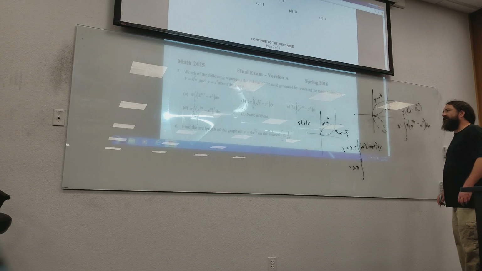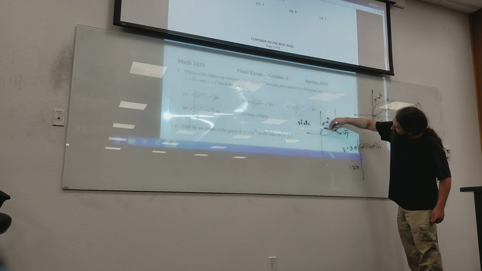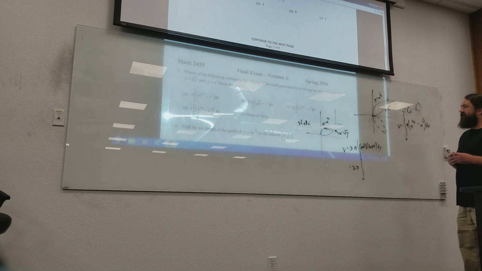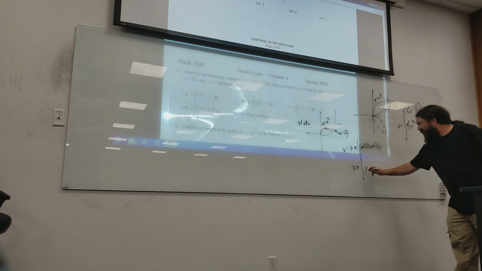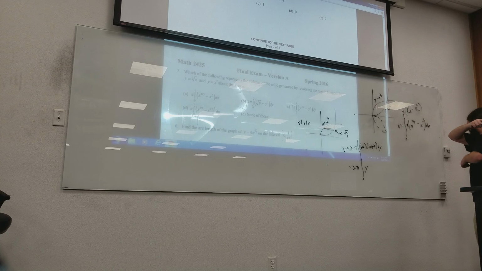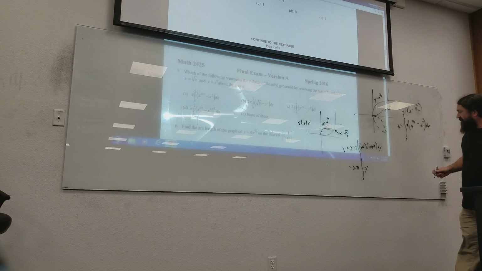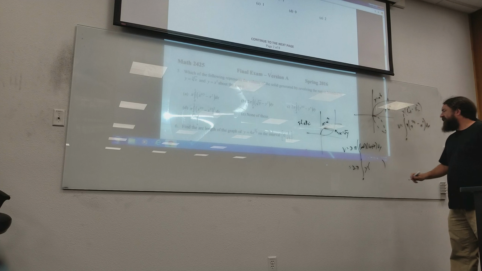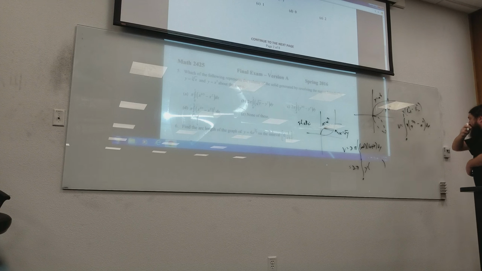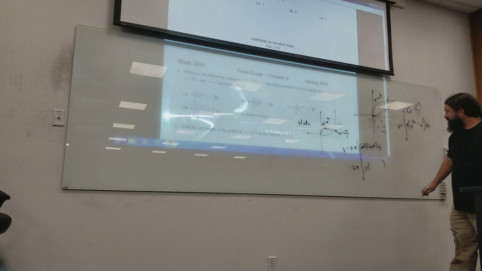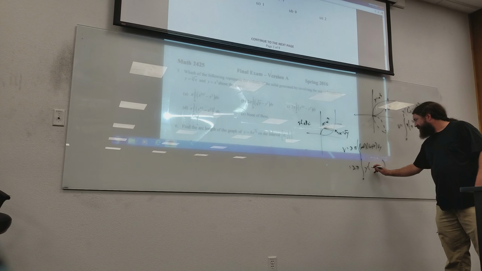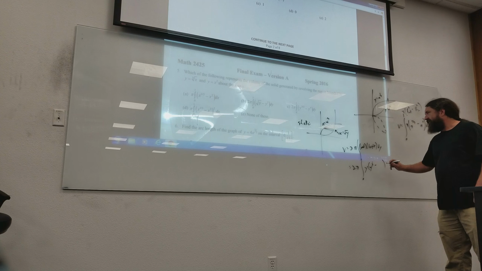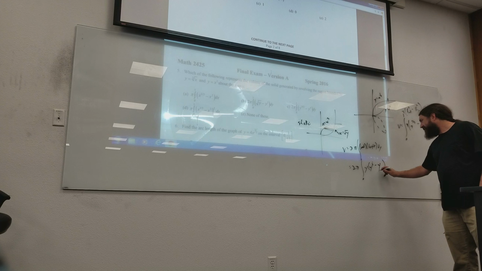Alright, so what's my radius if I'm breaking it up this way? It's just y, right? Okay, and what's my height? That would be top function, which is y to the 1/2, minus bottom function, which is y cubed.